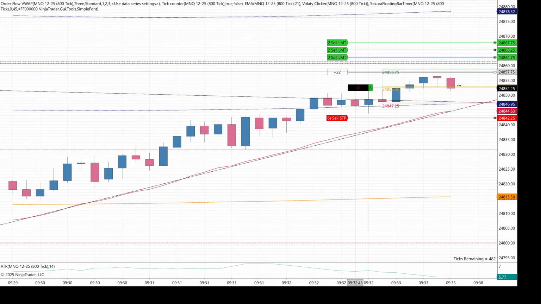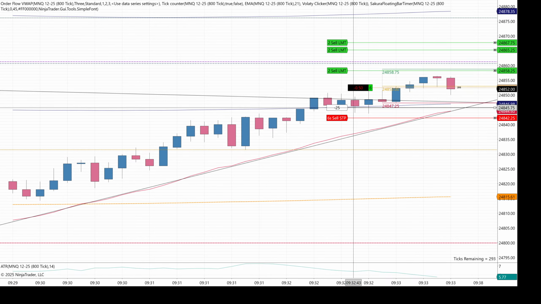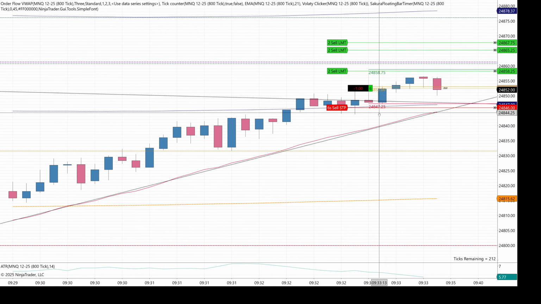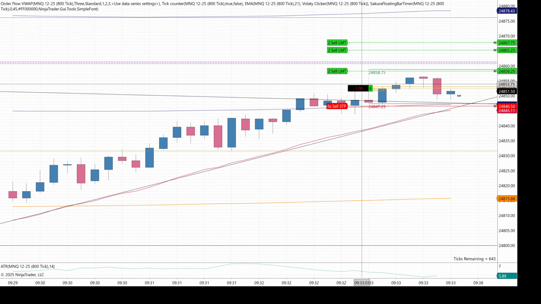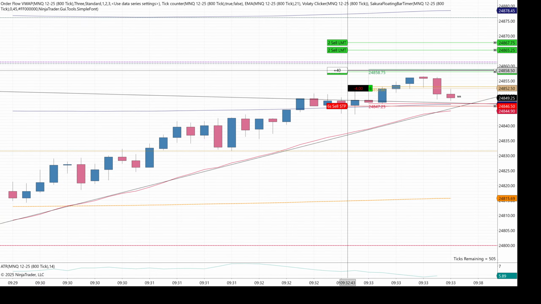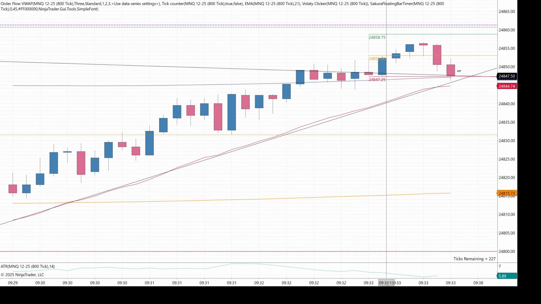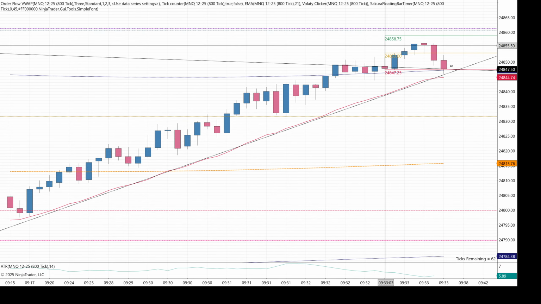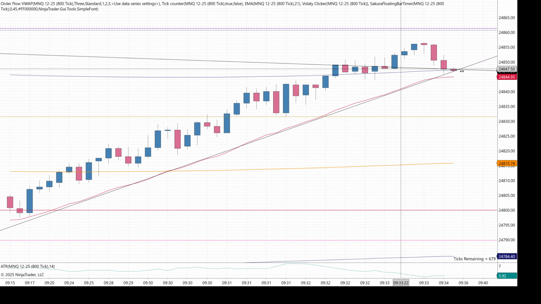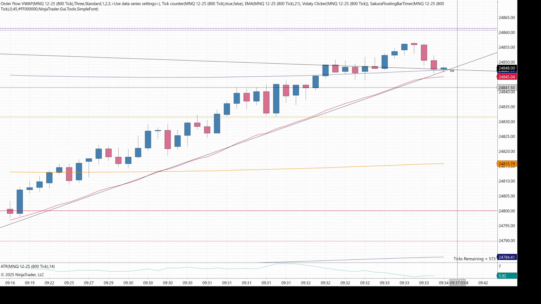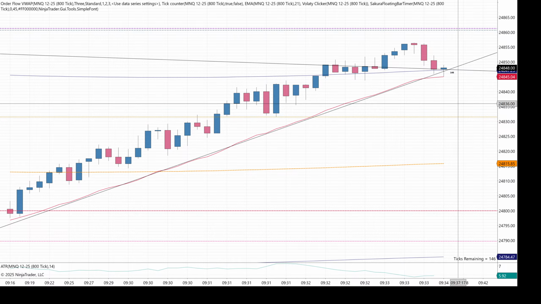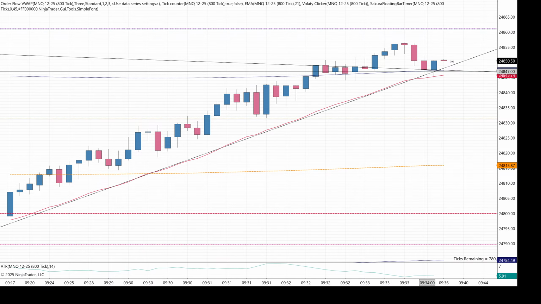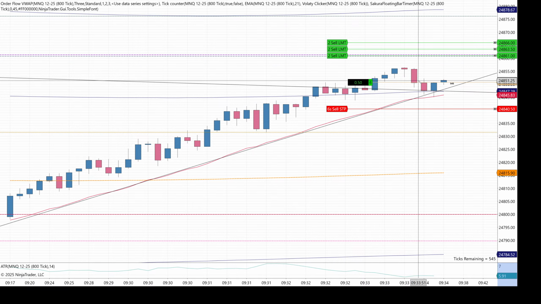All right, here we go. Stop loss is right here. Hoping it goes back up and doesn't stop us out. All right, that's too bad. All right, this is our next signal here to go higher.